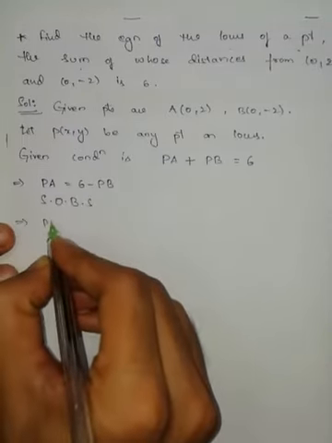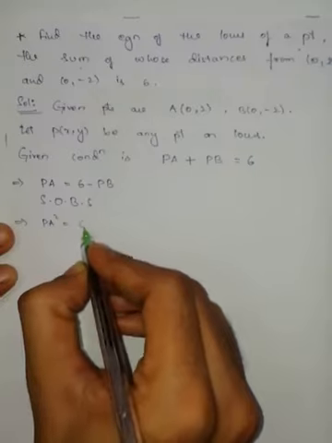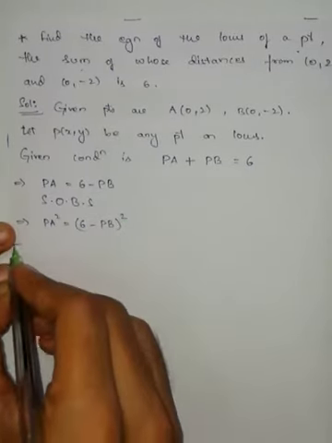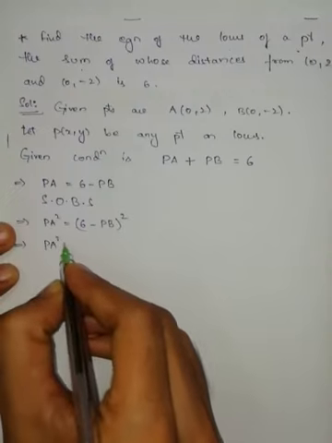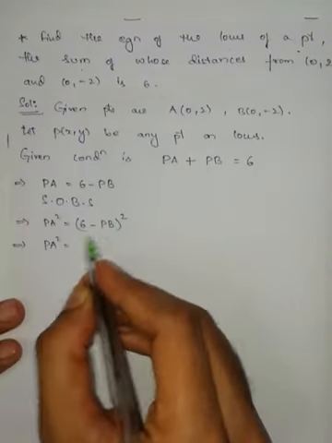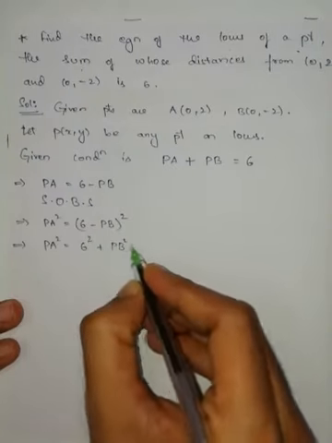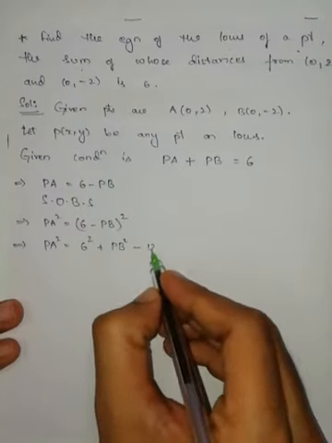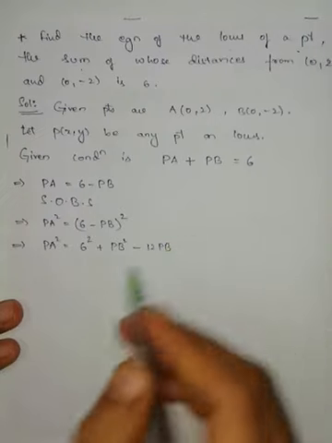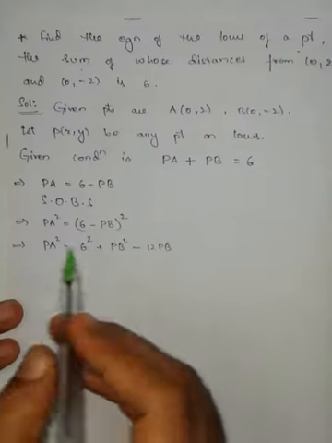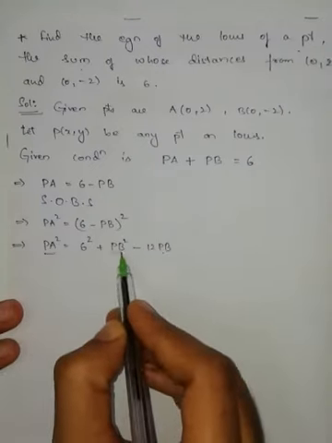This implies PA square is equal to (6 minus PB) whole square. It is in the form of (a minus b) whole square: a square plus b square minus 2ab, 2 sixes are 12 PB. Now I am not substituting anything here, I am just substituting in this one and this one.